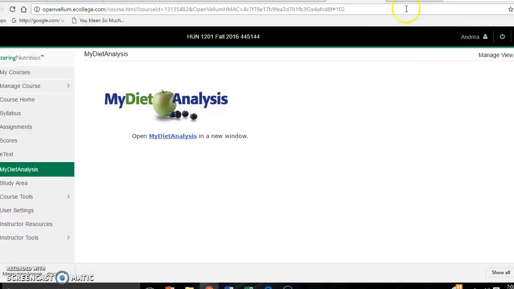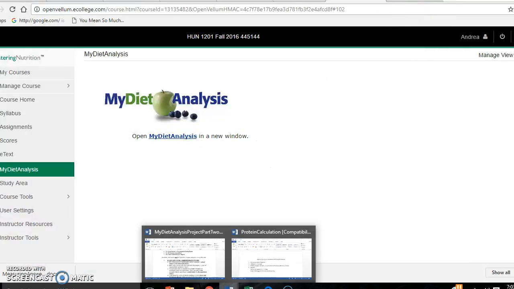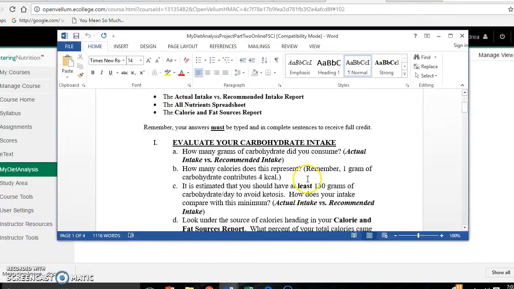So the first question says, how many grams of carbohydrate did you consume? So you're looking at the actual intake versus the recommended intake report.